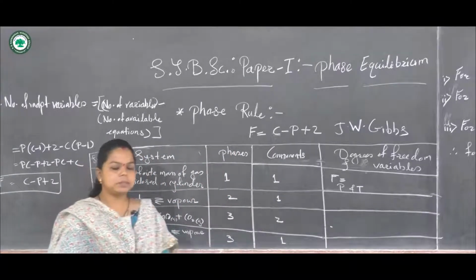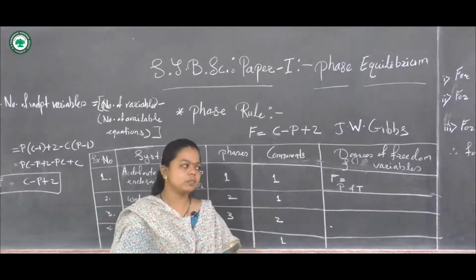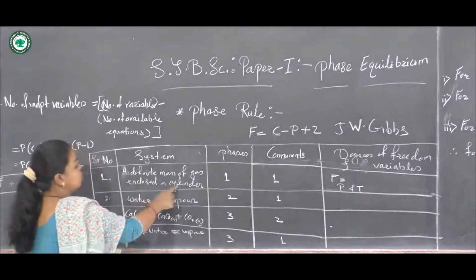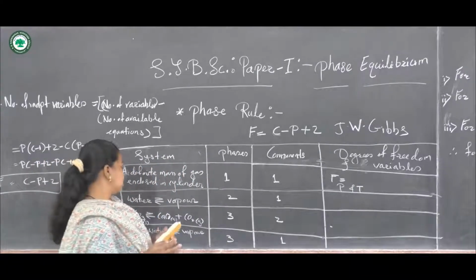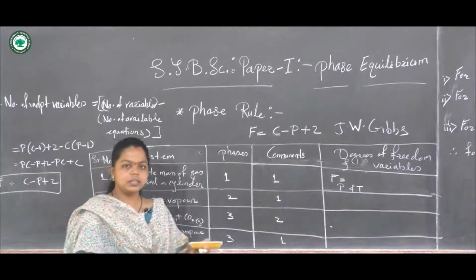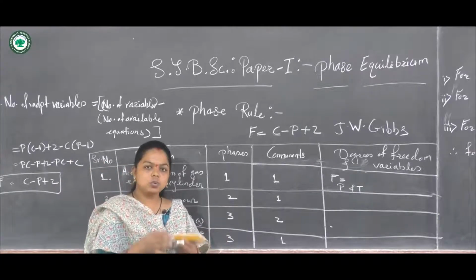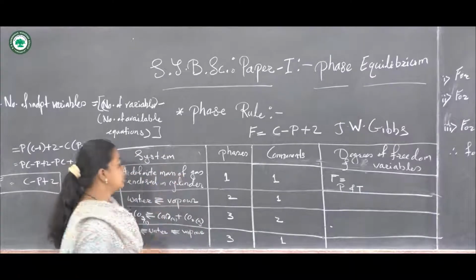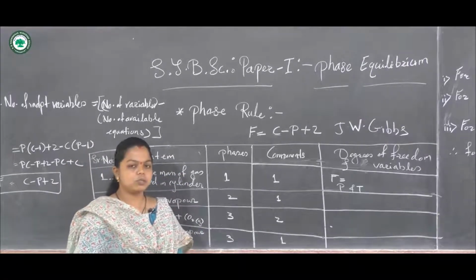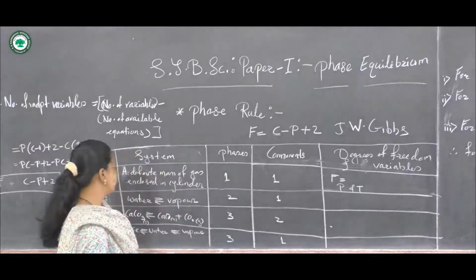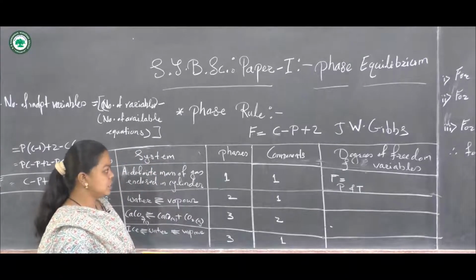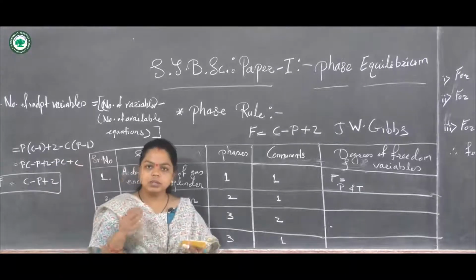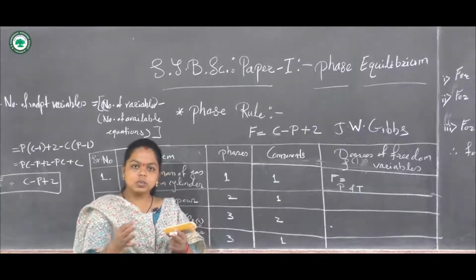The first example is a definite amount of gas enclosed in a cylinder. If we take an enclosed cylinder in which a gas is taken, only one type of gas is taken here, a definite mass of the gas. As only one gas is present, there is only one component.